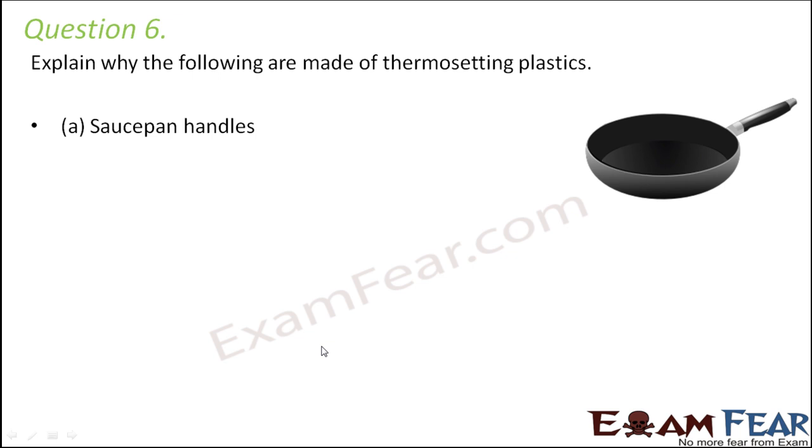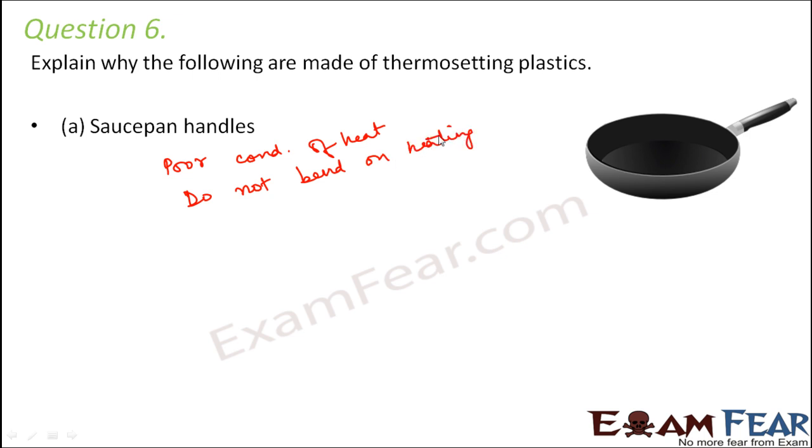So that is why the handles are made up of thermosetting plastics, because thermosetting plastics are poor conductors of heat. So we do not feel hot when we touch them. At the same time, they do not bend on heating. So even if you heat them, they really do not deform. So it is very convenient to hold them while cooking.